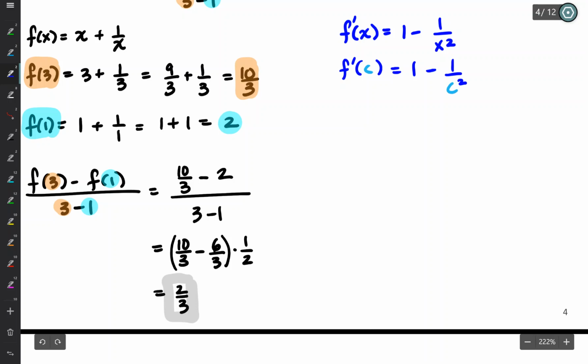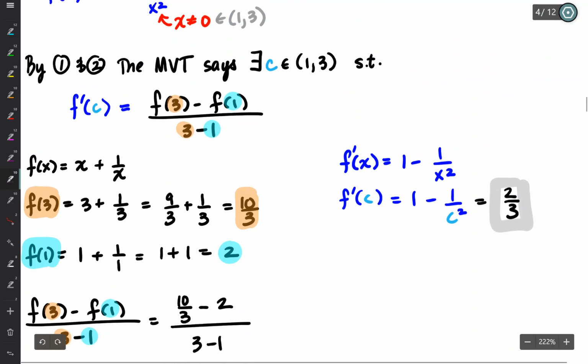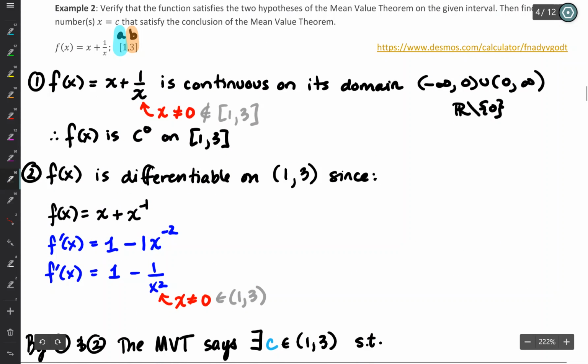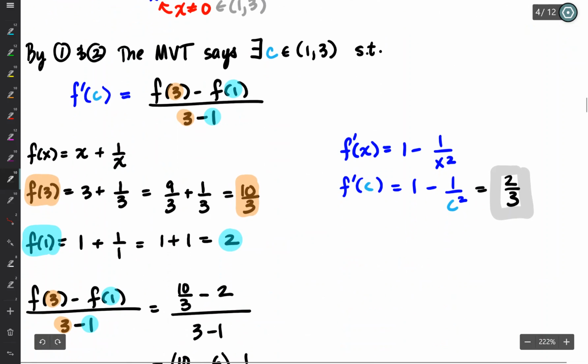That's the derivative at c. I want to find the c such that this is equal to 2/3. And say that there is at least one c that makes this a true statement, and that c lives strictly between 1 and 3. So let's go ahead and solve this equation.